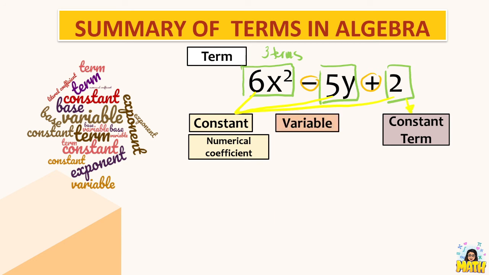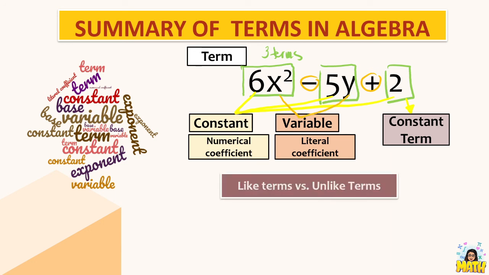The next is what we call the variable. So variables are simply the literal coefficient, or these are the letters that we use to represent the unknown, just like x and y. Okay? And we also discussed like terms and unlike terms, wherein like terms must have the same literal coefficients, just like here, m and m, with the same exponent.